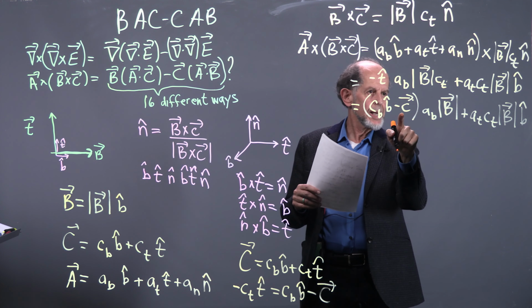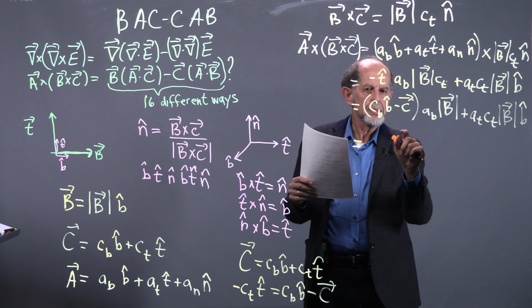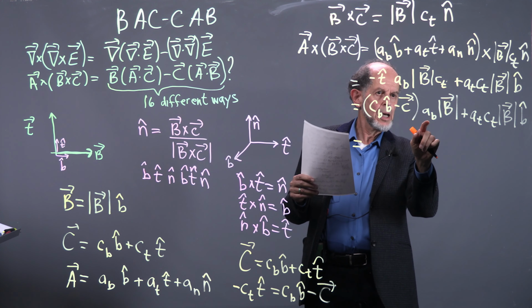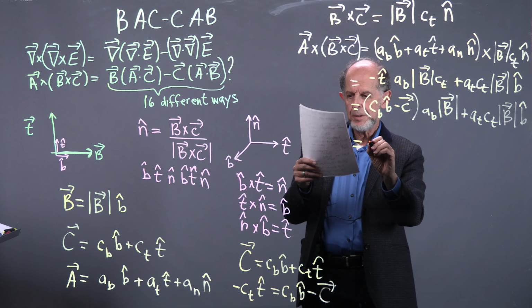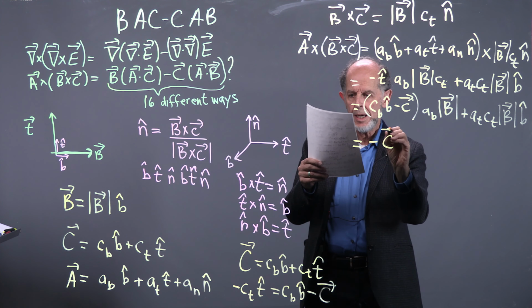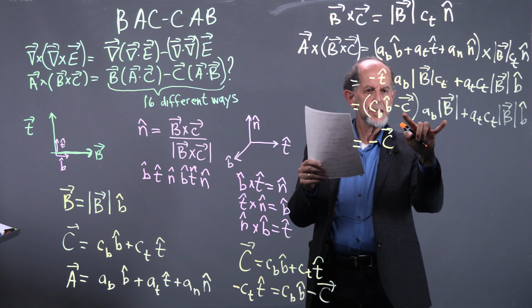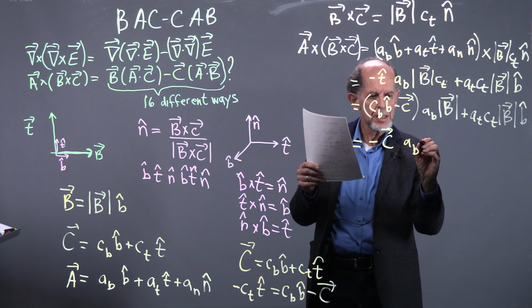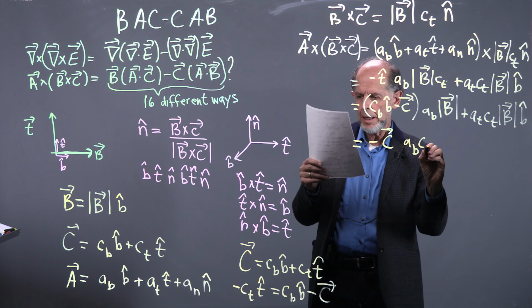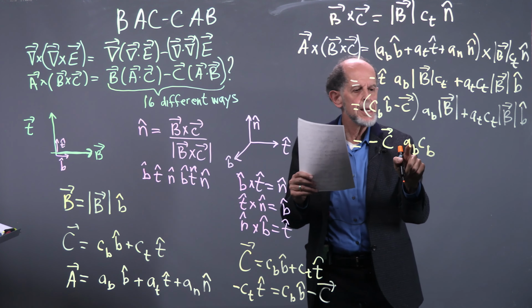And so we're going to have, this is equal to, just a sec, I'm going to write this out slowly, minus C times AB, CB.